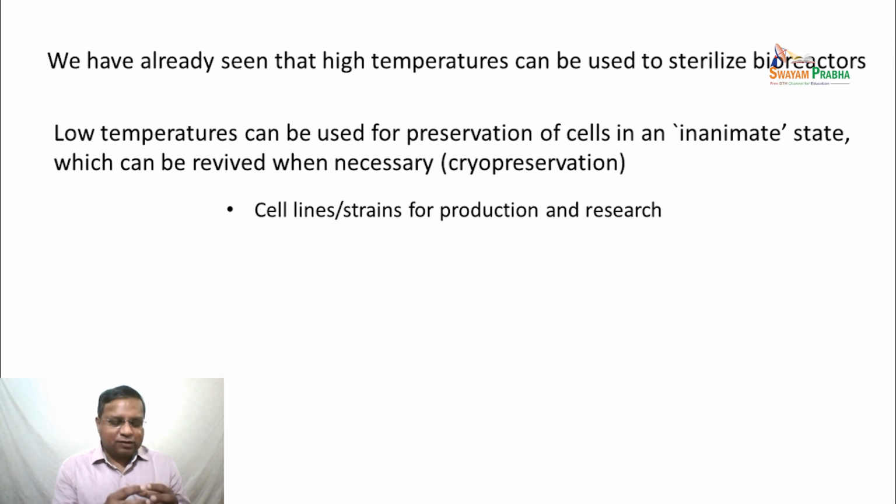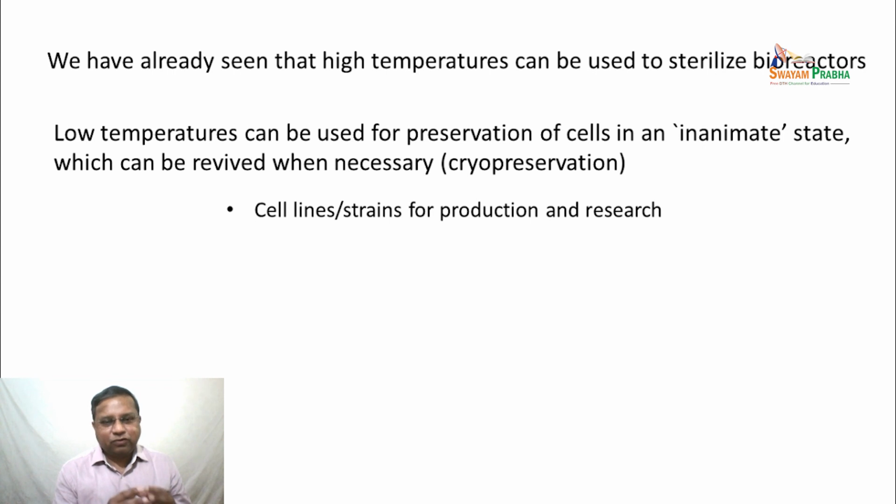So what is done is, a good amount of some cells with desirable properties, after they have been modified to give those desirable properties, are actually stored in an inanimate state at low temperatures, at liquid nitrogen temperatures in fact.